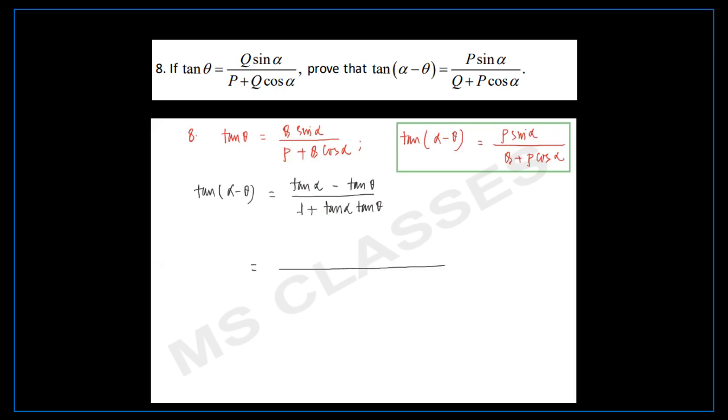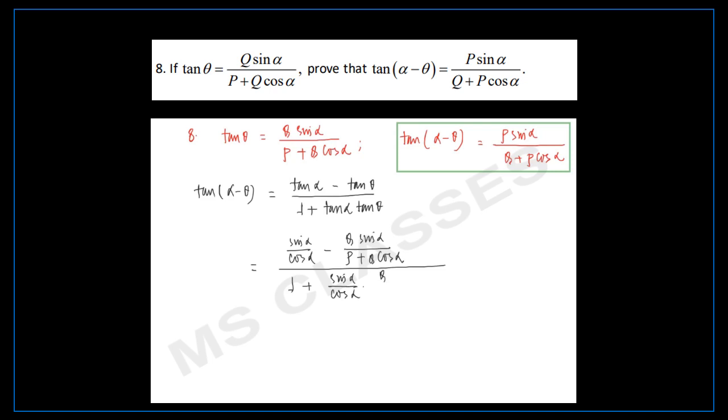tan alpha, what is tan alpha? We can write here sin alpha by cos alpha minus tan theta, that is q sin alpha by p plus q cos alpha, by 1 plus tan alpha, means it is sin alpha by cos alpha into tan theta. What is tan theta?